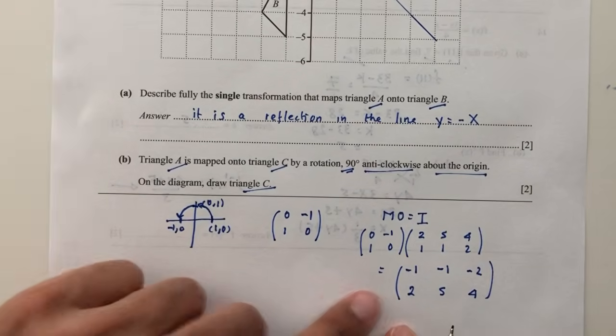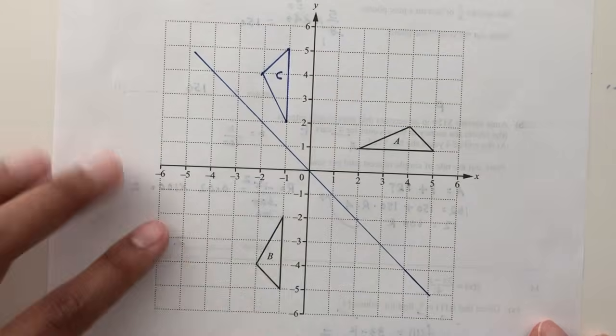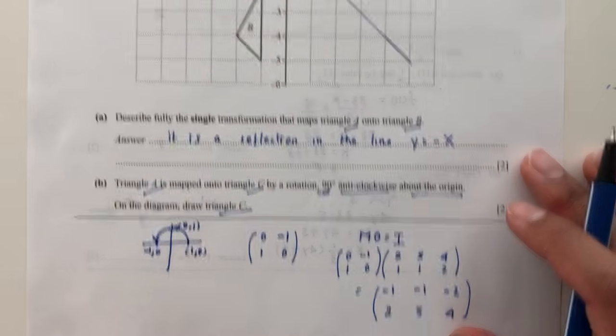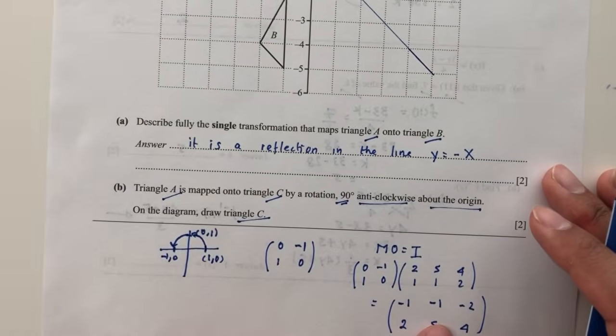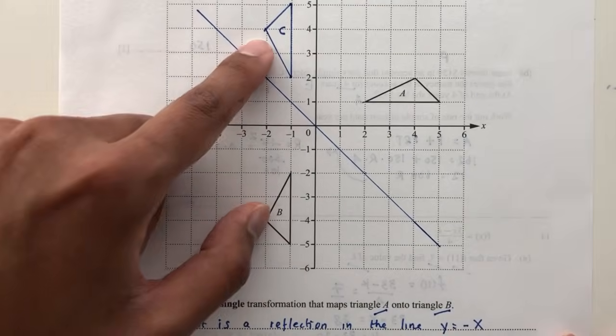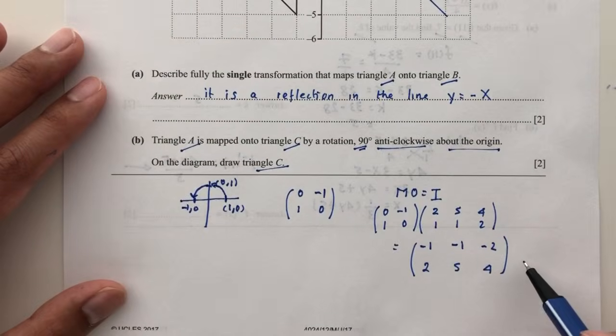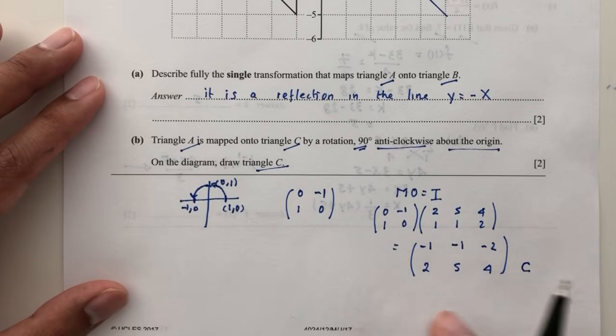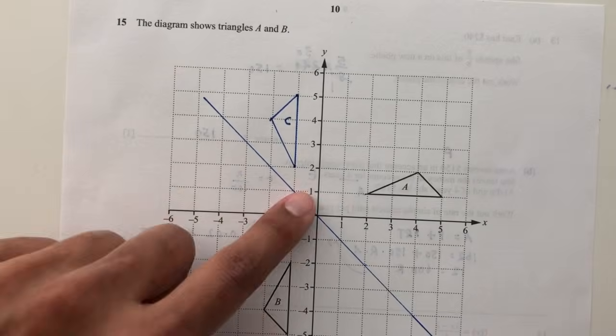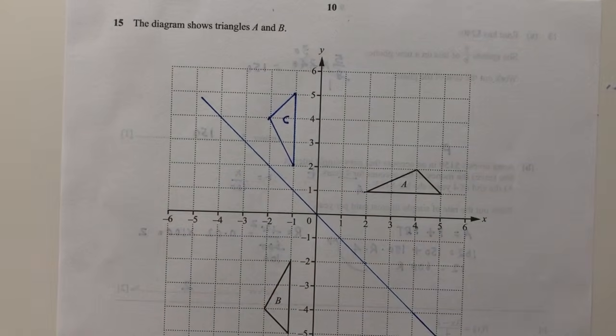So let's check. The first point is minus 1, 2. The second one is minus 1, 5. And minus 2, 4. Okay, so that is your image under this rotation. That is your triangle C. So you have two ways of doing this, one by matrix and one by simple observation. That is question 15.